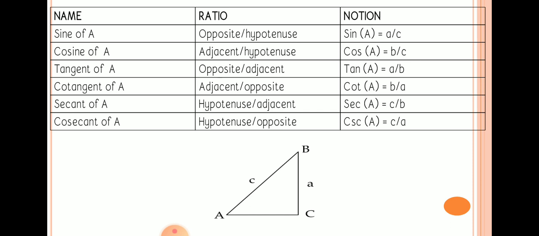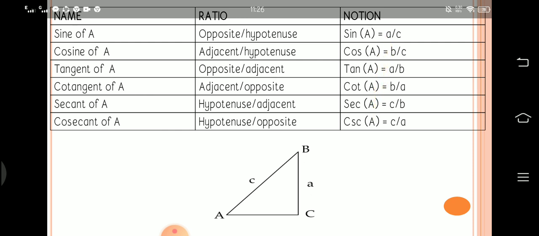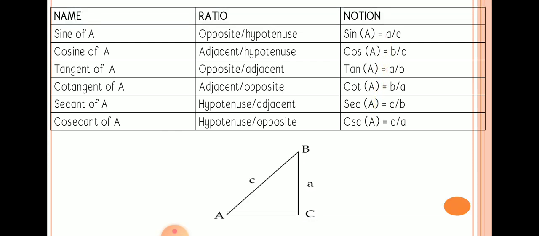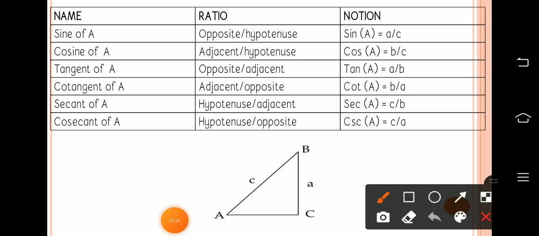So, this is the name, the ratio, and the notation. The sine of A is the opposite over hypotenuse. So, we write sine of A is equal to our opposite, a, over hypotenuse, c.